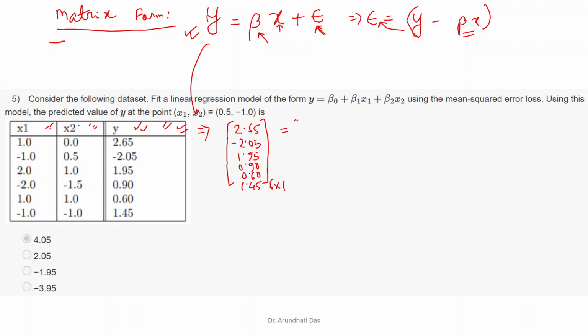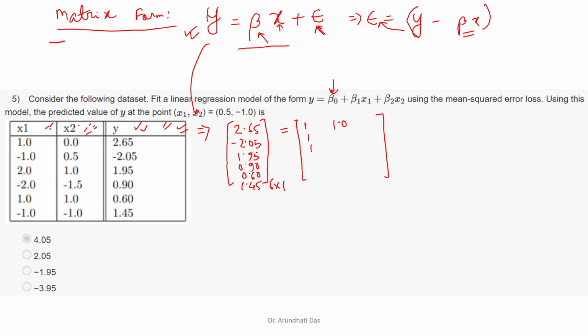here I will be writing the x values. This particular linear regression model is having this beta naught, which will represent the intercept value. So when I form the matrix for x1 and x2, I will also introduce the intercept column here.